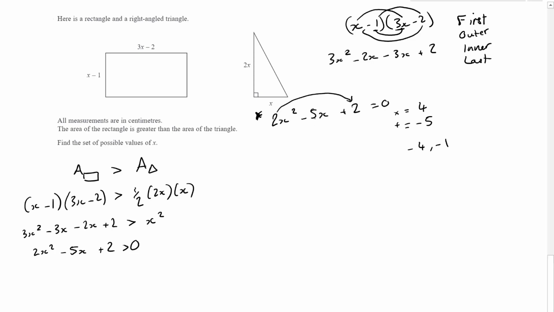And so what I'm going to do is split this minus 5x into these two numbers. So I can rewrite this as 2x squared minus 4x minus x plus 2. And now I'm going to put an invisible halfway line, and I'm going to factorize the first part first. So I'm going to take out a 2x, and that becomes x minus 2.